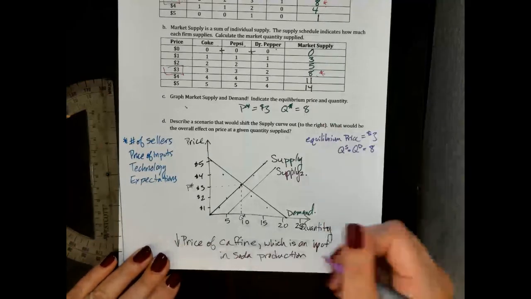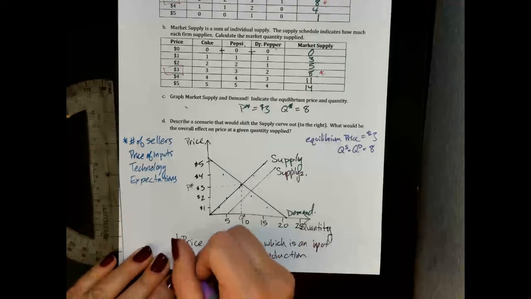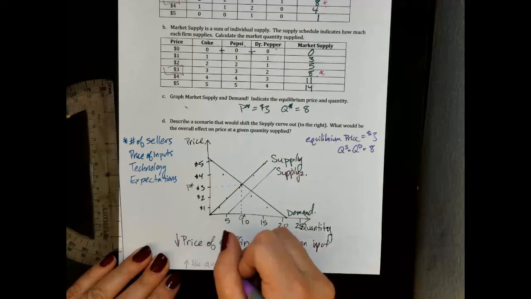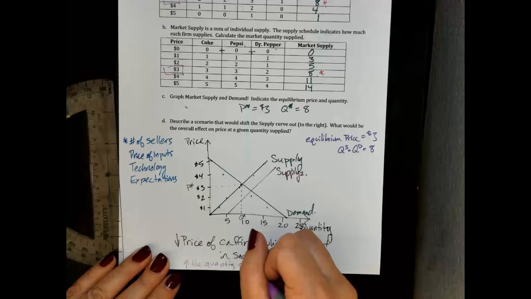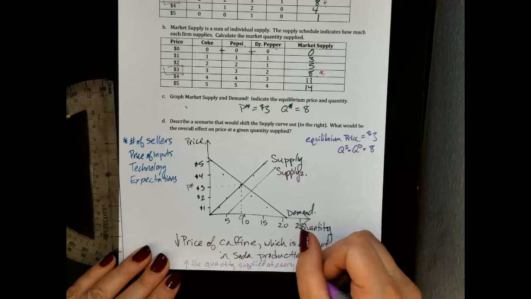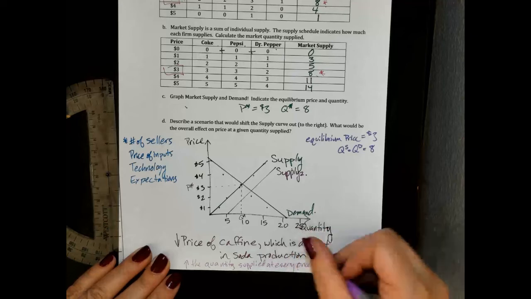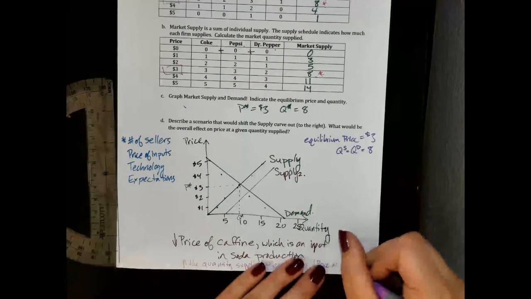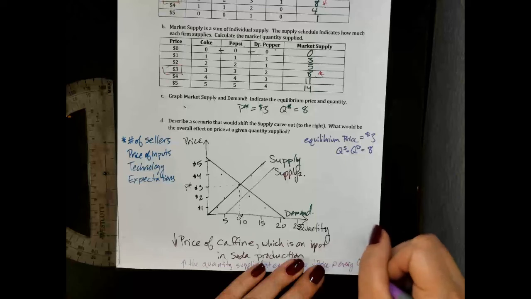And then the next part says, what would be the overall effect on price at a given quantity supplied? And that's the important thing about a shift in the supply curve, is that what we're going to see is shifting the supply curve out increases the quantity supplied at every price, or it lowers the price at every quantity supplied.